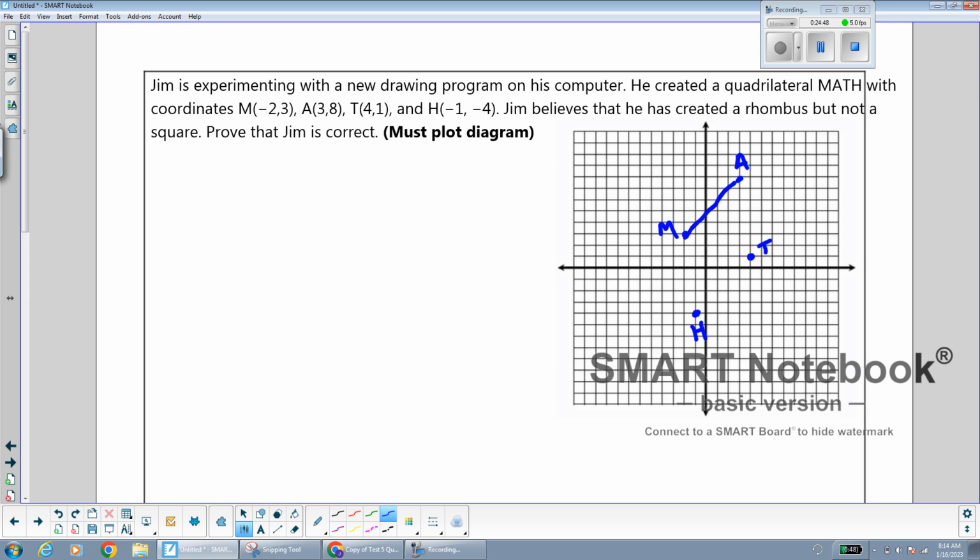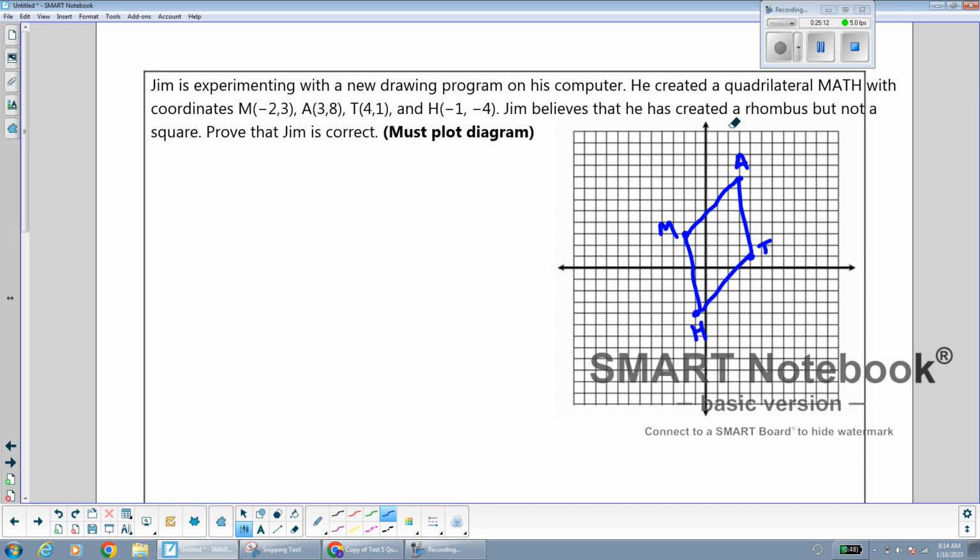Okay, so to make something a square, it needs to be a rhombus and a rectangle. So basically, if it is a rhombus, we're going to prove that it's not a rectangle so that it won't be a square. So rhombus and rectangle make square. If it's a rhombus, but not a rectangle, then it can't be a square, then it's just a rhombus.